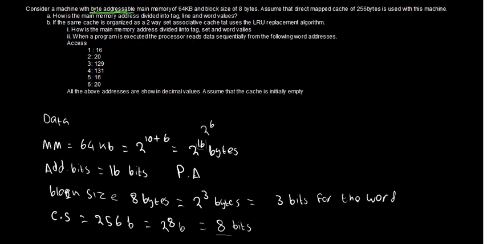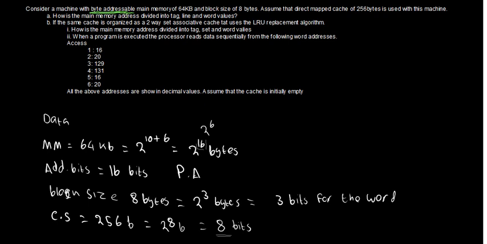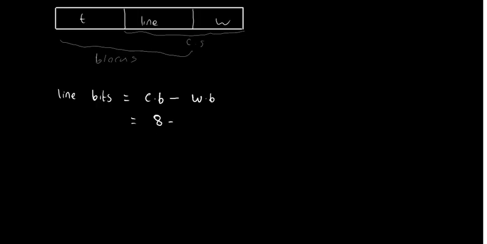Our cache bits are 8, minus our word bits, which take up 3 bits, which gives us 5 bits. And then what is our tag? Since we have the line and the word, our tag is just the physical address, which is 16, minus 5 minus 3, which is 16 minus 8, which is equal to 8.